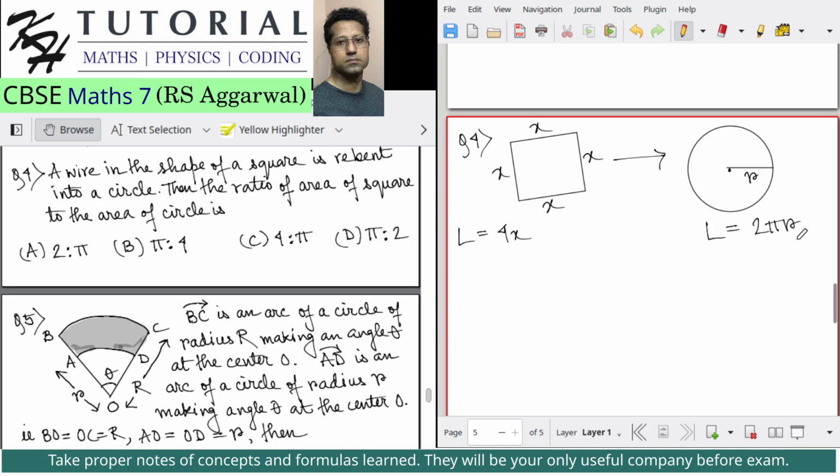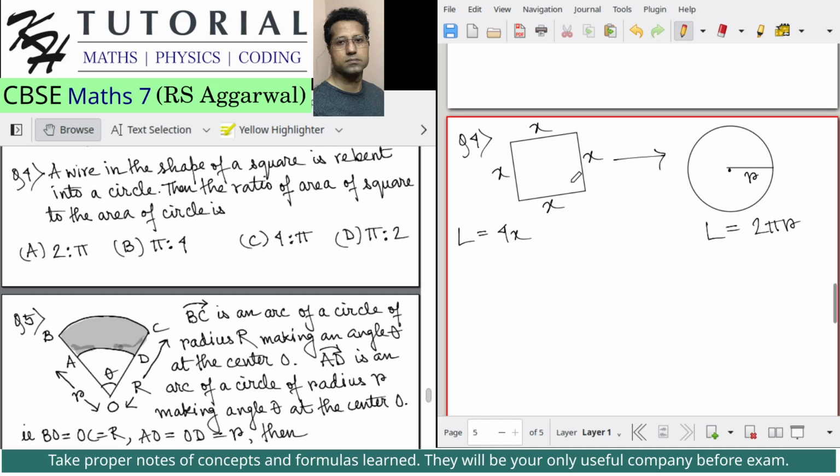Now the question asks for the ratio of the area of the square to the area of the circle. Let's think about this problem in a different way.